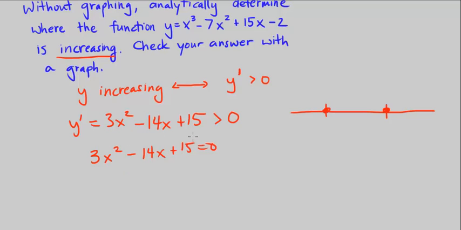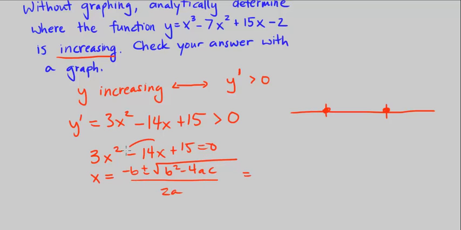We can use the quadratic formula to solve for x. We could also just factor this using the box method, but let's practice using the quadratic formula. X is equal to negative b plus or minus the square root of b squared minus 4ac, all over 2a.